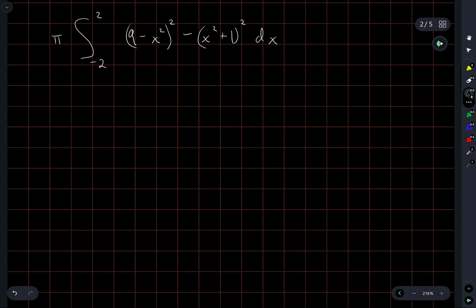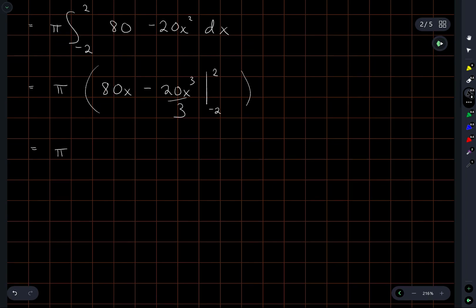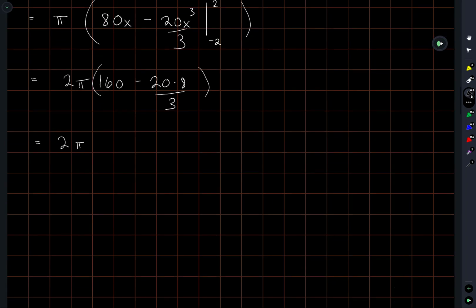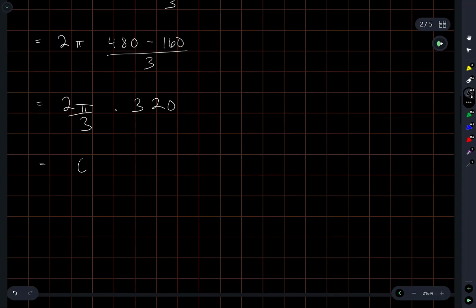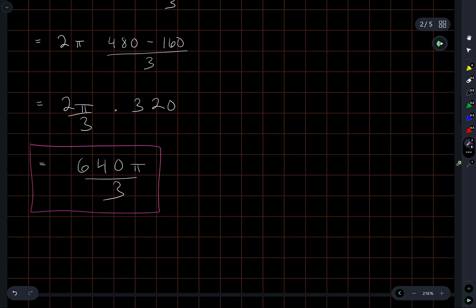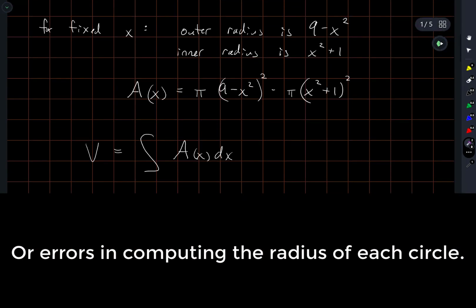I'm not going to explain all my steps here. I'm just going to go through the computations because they are in fact pretty straightforward. So this is what I get for the final volume, which, unless I've made some arithmetic mistakes or stupid errors around the integral, I'm pretty sure is correct.